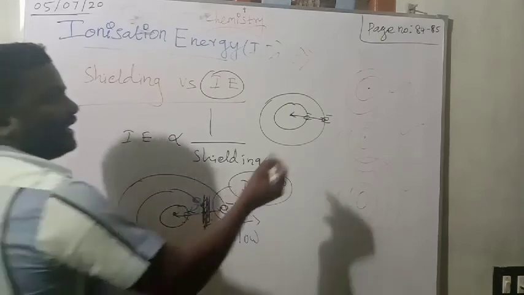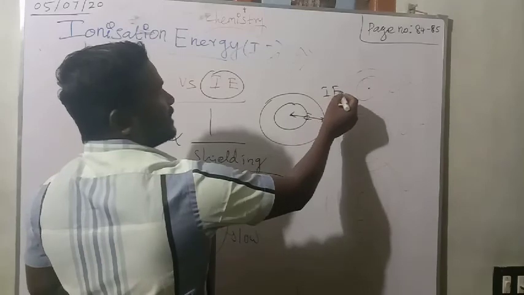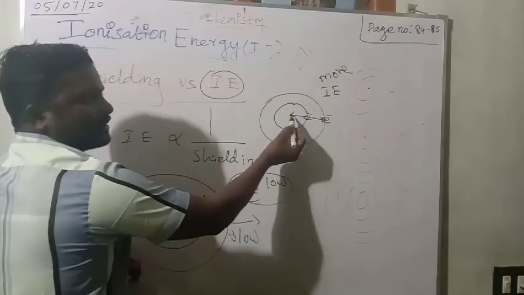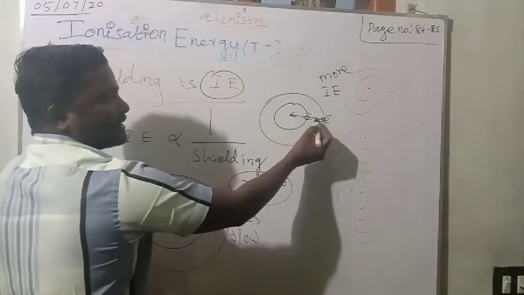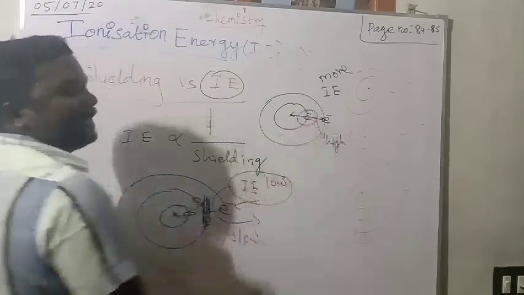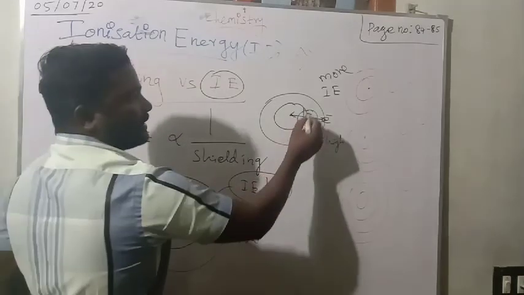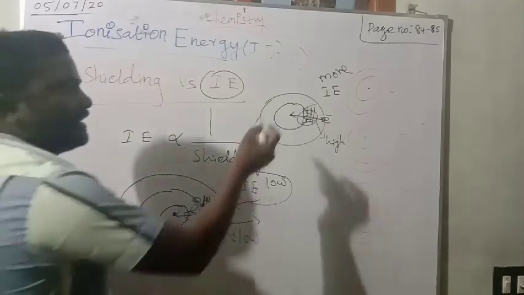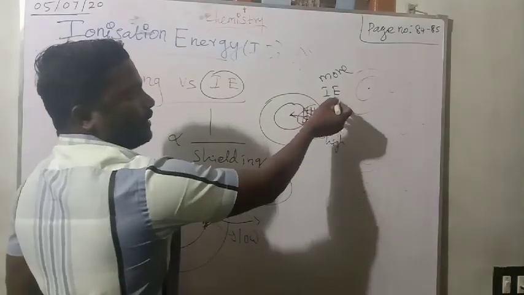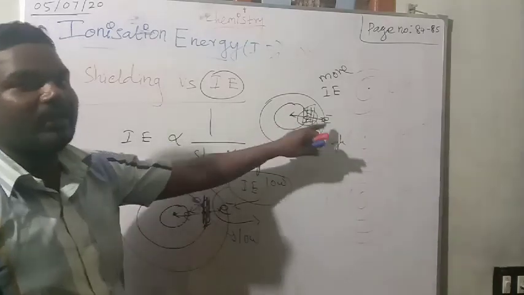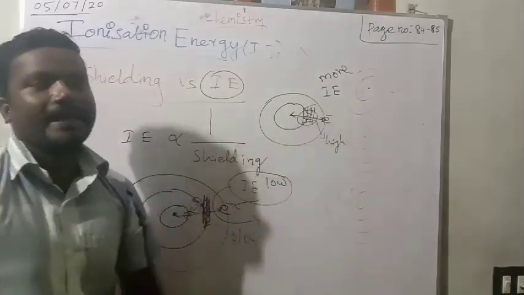But in the second case, we need more ionization energy. Why is more ionization energy needed? Because the force between the nucleus and electron is high, because of less shielding effect. Shielding effect is high means less energy is needed. Shielding effect less means more energy is needed, because we want to break the force of attraction between this nucleus and the electron.